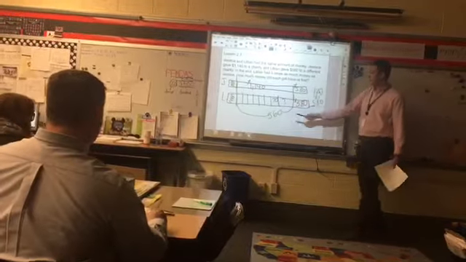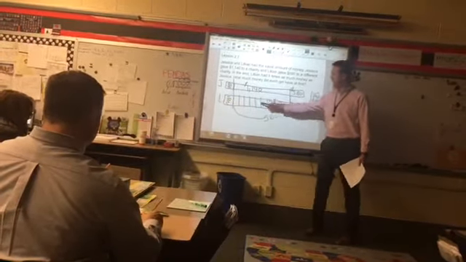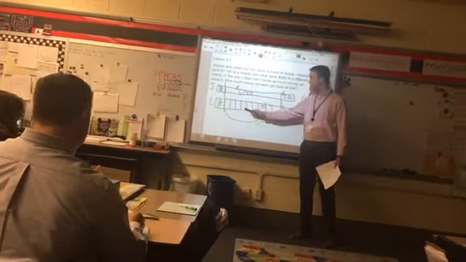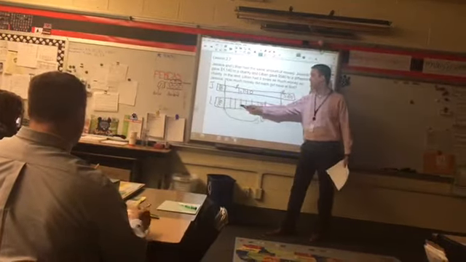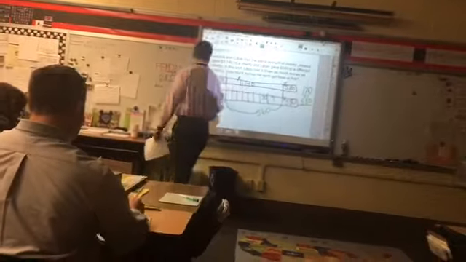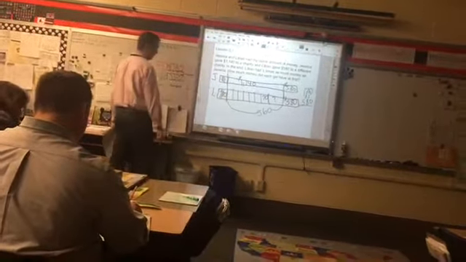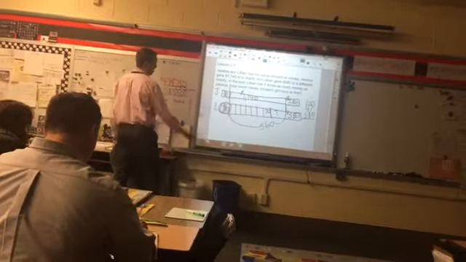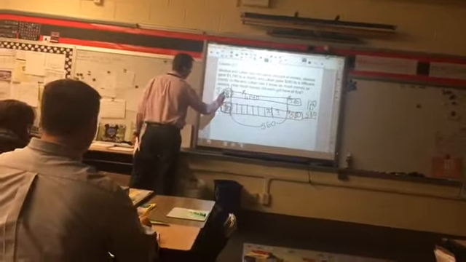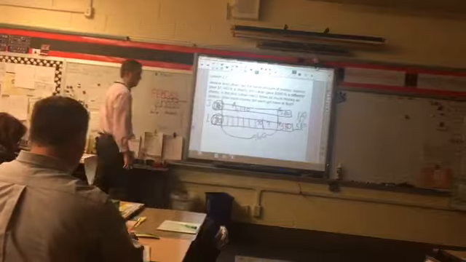And if this is 70, then this is 70, and this is 70, and this is 70, but we also remember that this is also equal to this. So that means that this is 70. And if this bottom square is 70, then that also means Jessica's square is 70.